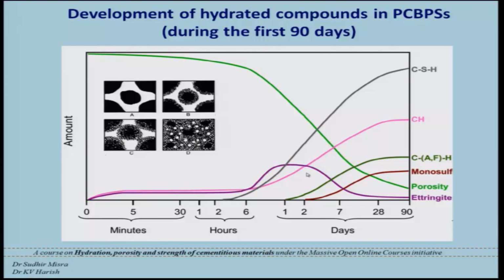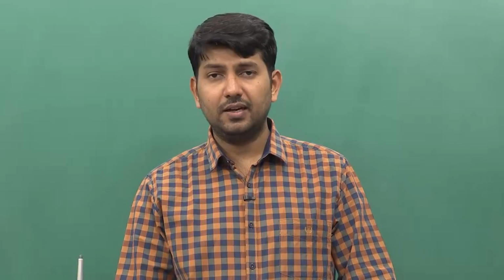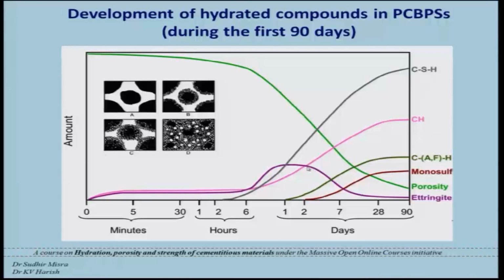So, if you get back to some of the hydration equations discussed in the previous lectures, especially the hydration of aluminates and specific cases where monosulfoaluminate is formed, you will see that the reduction in ettringite in this figure is compensated by the formation of monosulfoaluminates.